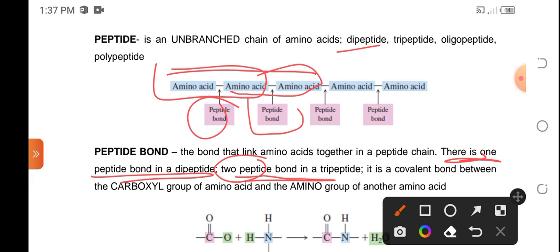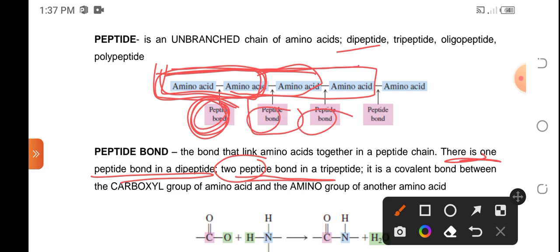So the number of amino acids minus 1 para malaman natin yung number ng peptide bonds. If there are two amino acids minus 1, there's only one peptide bond. If there are 4 amino acids minus 1, then there are 3 peptide bonds.